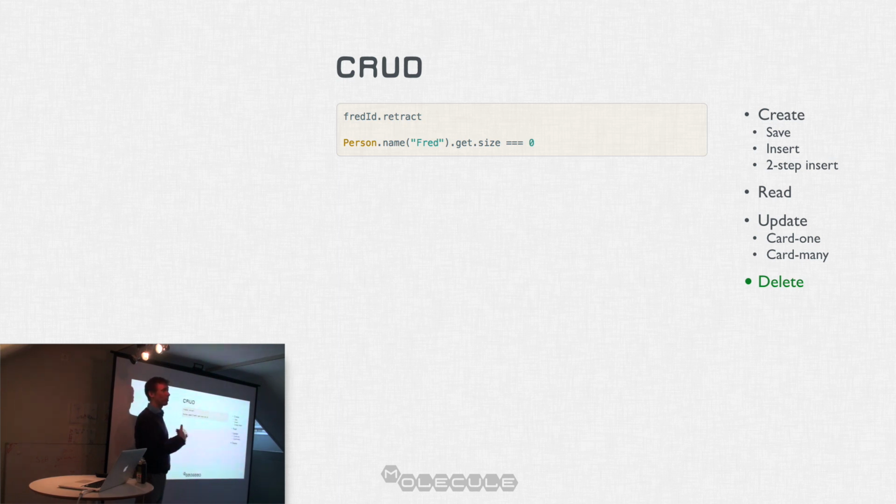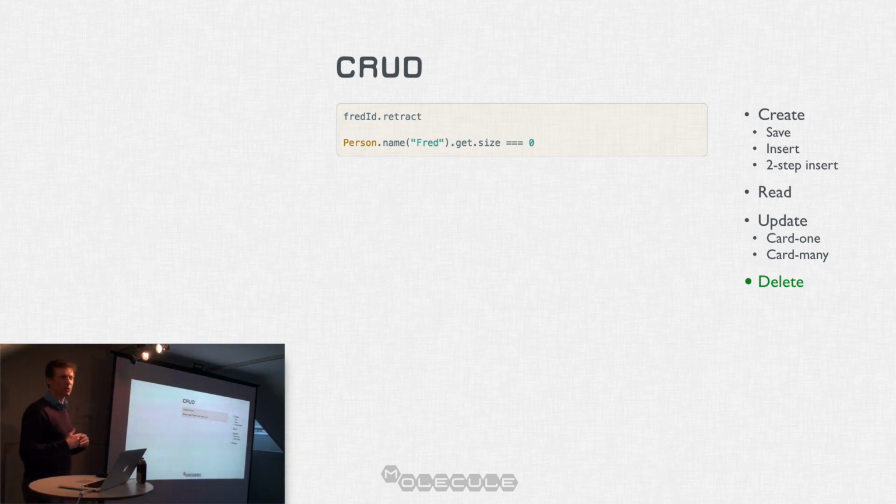So all the 5 facts would have been retracted. So it's a very easy way: you take an entity ID number and just write retract, boom, all the facts are gone. Well, not gone, they're still there, but they are retracted.